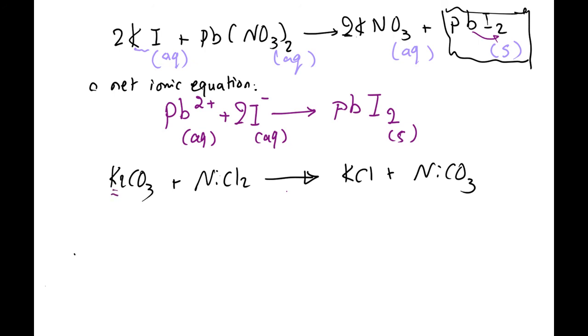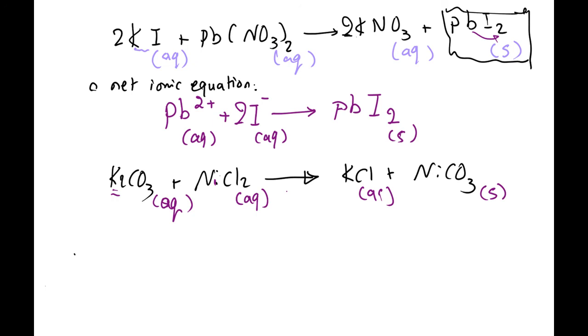Potassium in group 1 is a soluble salt. Nickel chloride, all chloride salts are soluble except lead and mercury and silver, and nickel is not in the exception, so it's soluble salt. Potassium chloride is a soluble salt. Nickel carbonate, because most of carbonates are insoluble, nickel carbonate is an insoluble salt.